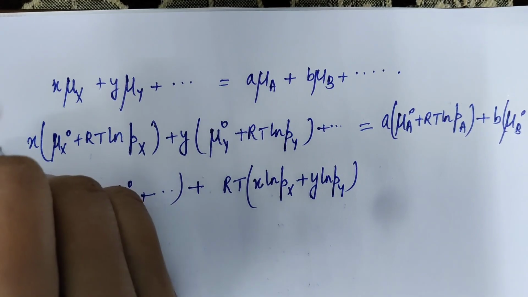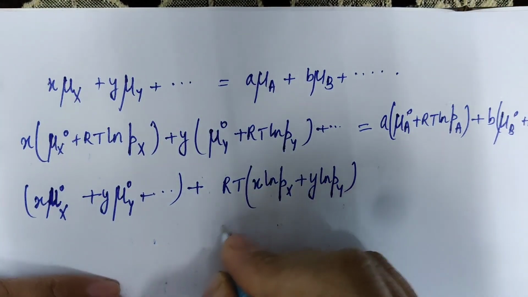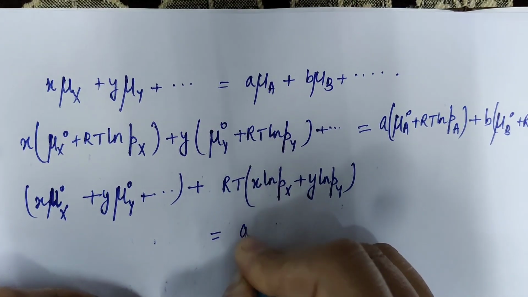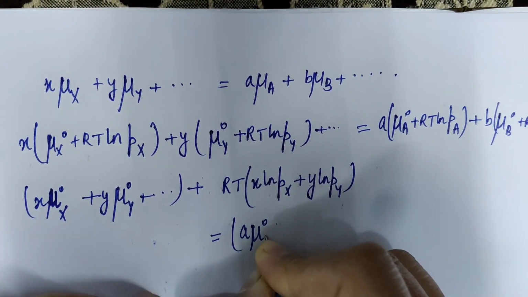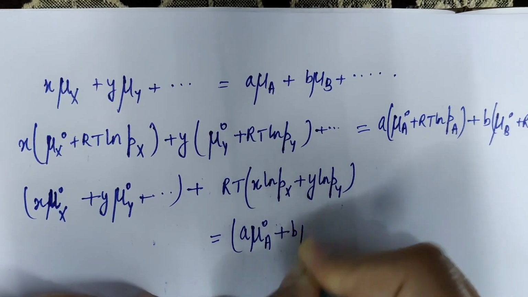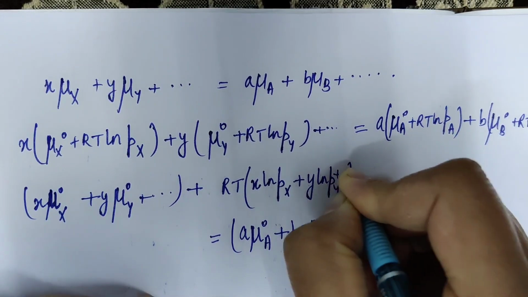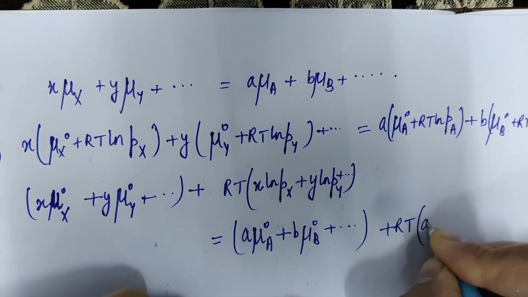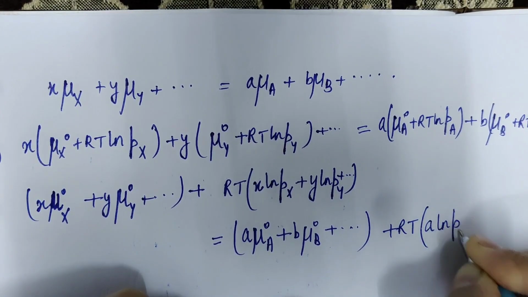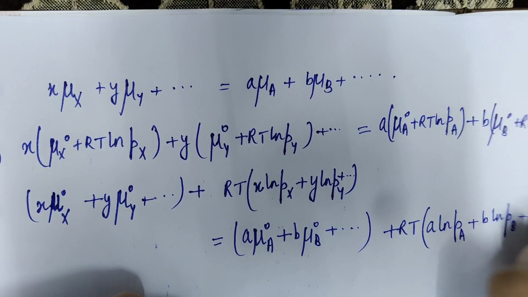This is our product term. Similarly, we will distribute the reactant term: a mu naught of a plus b mu naught of b plus so on plus RT a ln partial pressure of a plus b ln partial pressure of b plus so on.